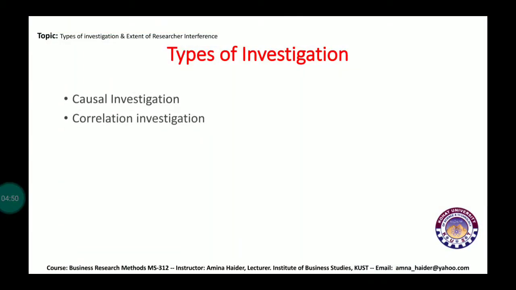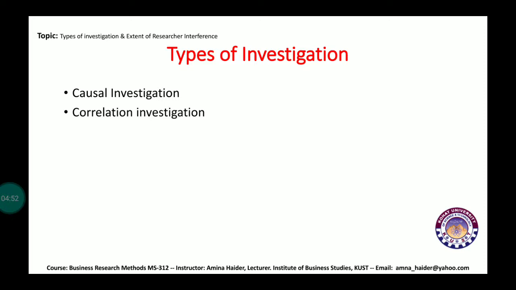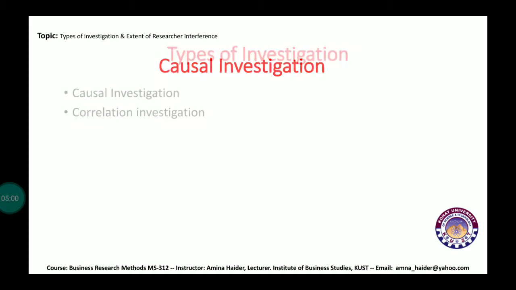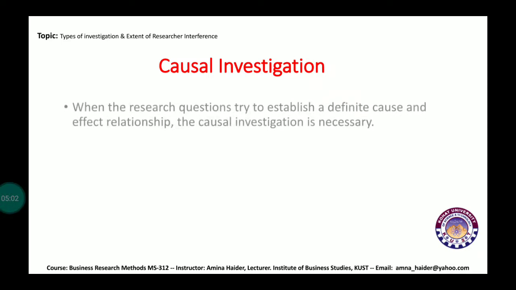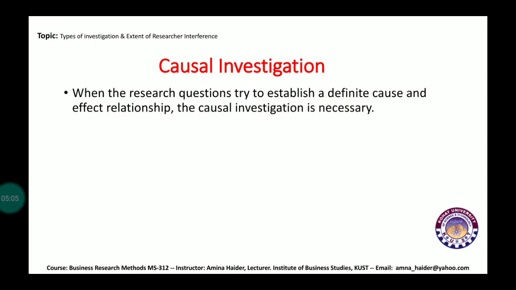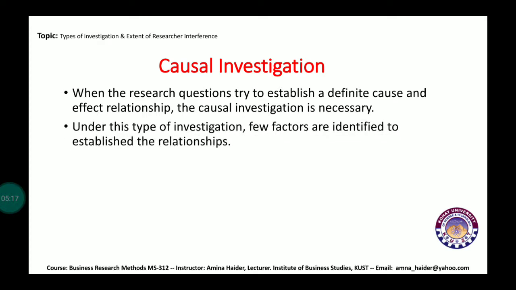Types of investigation include causal investigation and correlation investigation. Causal investigation: when the research question tries to establish a definite cause and effect relationship, the causal investigation is necessary.